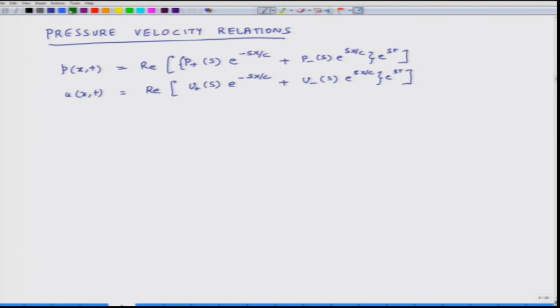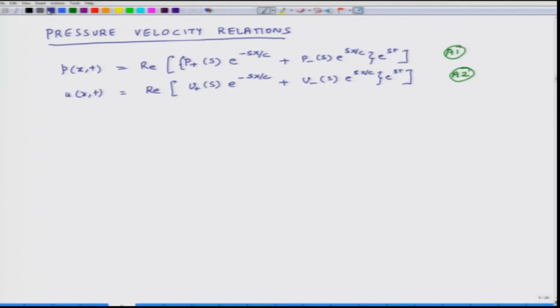Let us call this equation A1 and this A2. So, I am getting equation A1 from the one-dimensional equation for pressure waves, and I am getting equation A2 from the one-dimensional equation of velocity wave.